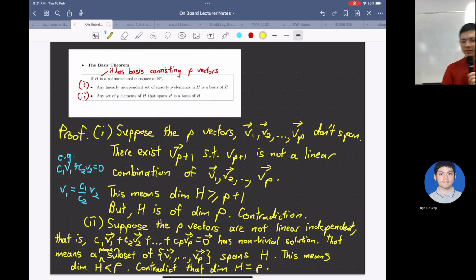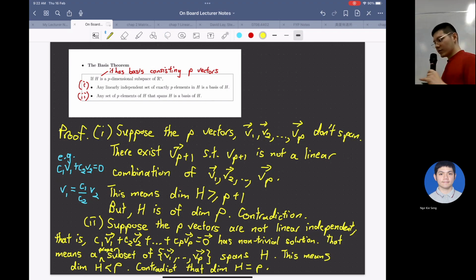But if you start with a spanning set, a set of vectors that you think can express every vector in the subspace, you should reduce that set until you have P vectors, which is the dimension of the subspace.